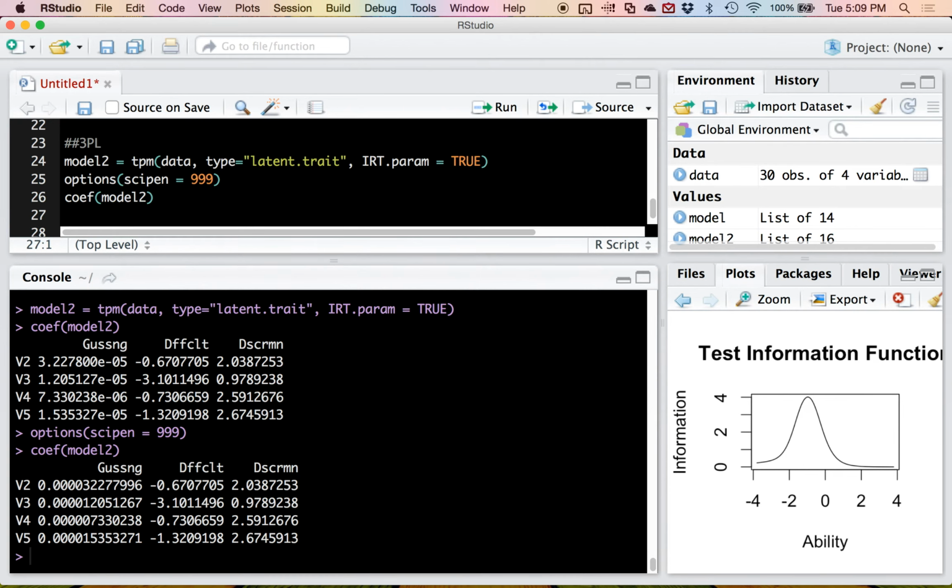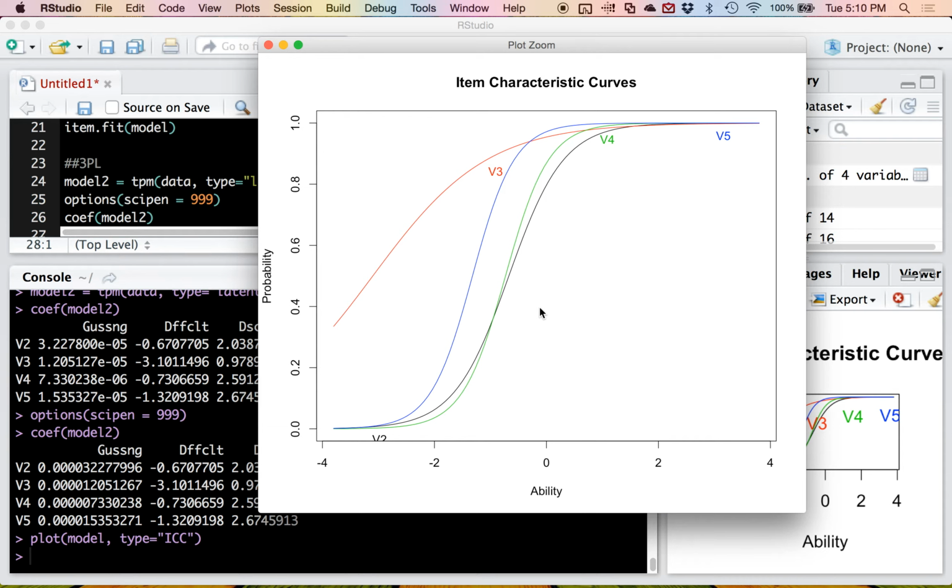And as we create some pictures here, so let's plot the ICCs, the item characteristic curves. You will notice that it is essentially the same picture. It's so close, it's hard to tell. And so it essentially is the same picture because that guessing parameter is 0. So it doesn't really change a whole lot by adding it.